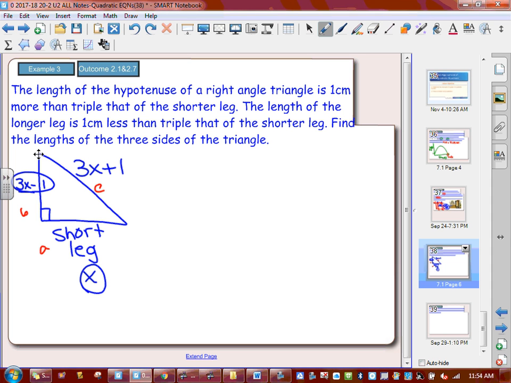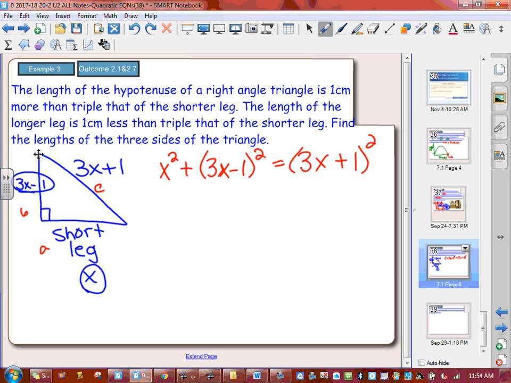So we've got x squared plus (3x minus 1) squared, there's our a squared and our b squared, equals (3x plus 1) squared. We need to do FOIL on both of those that are squared, so we're going to area box or FOIL it.